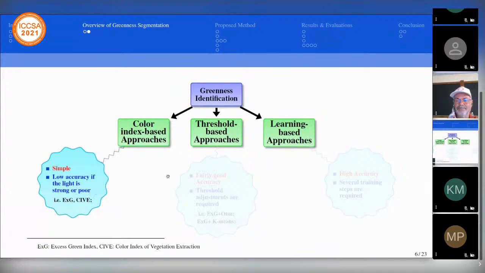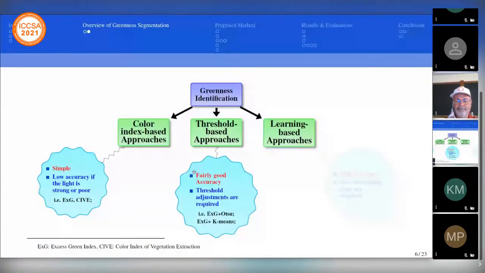The second family is the threshold-based approach, which has the same principle as the first class, but it introduces some segmentation techniques like Otsu and Kittler.